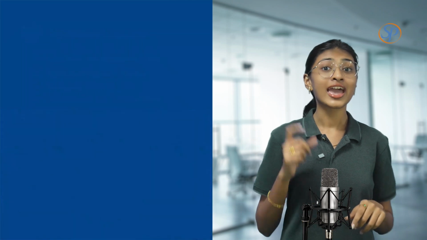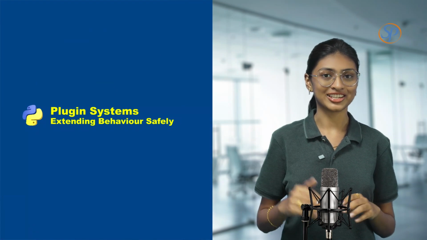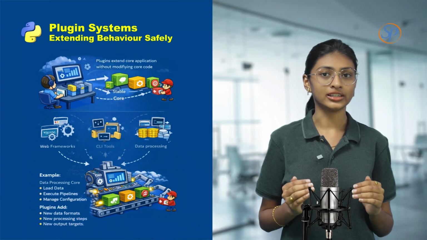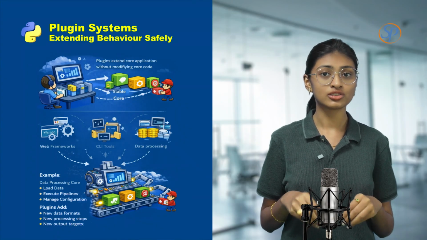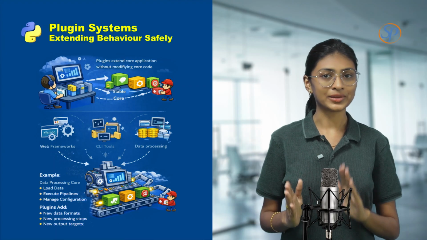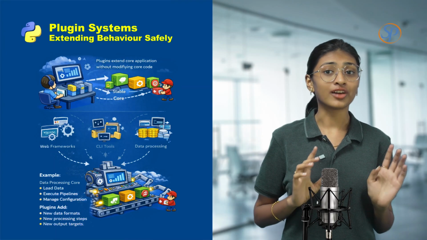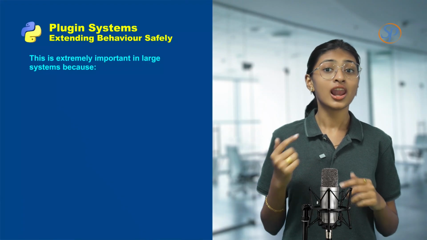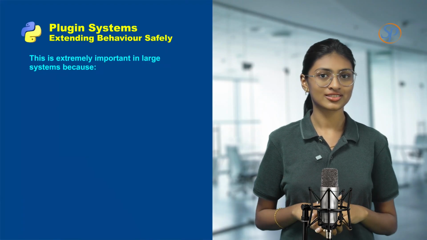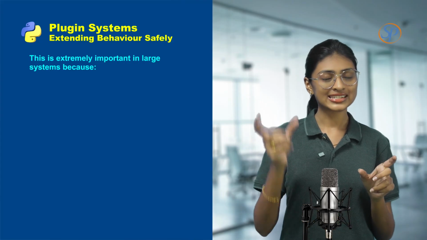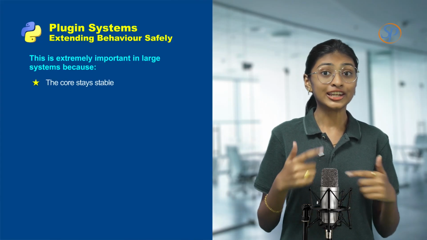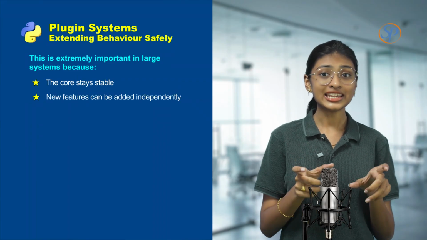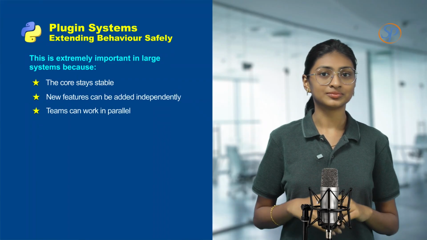Plugin systems: extending behavior safely. A plugin system allows third-party or internal modules to extend an application without modifying the core code. This is extremely important in large systems because the core stays stable, new features can be added independently, and teams can work in parallel.